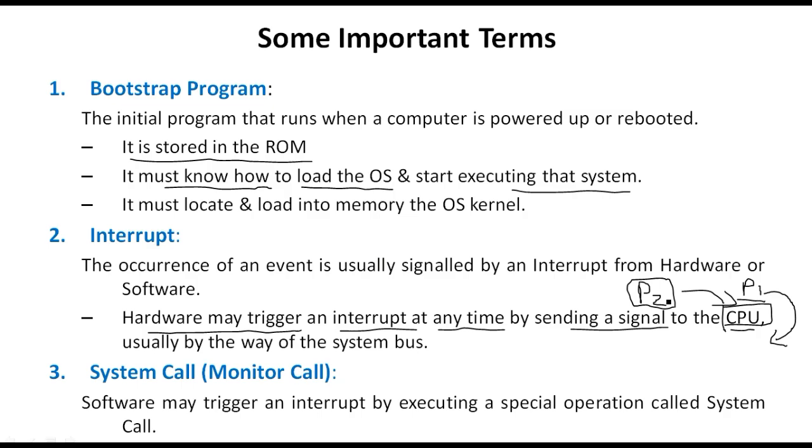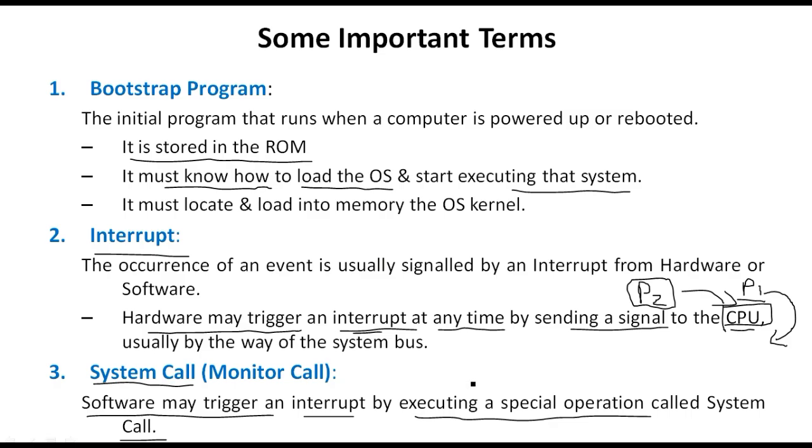Similarly, once the higher priority process enters the CPU, the hardware triggers an interrupt. Software may trigger an interrupt by executing a special operation called a system call. System call means if an event or interruption is triggered by the software, then it is called a system call or monitor call.